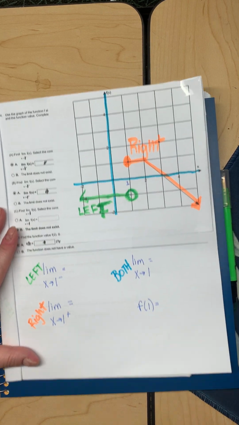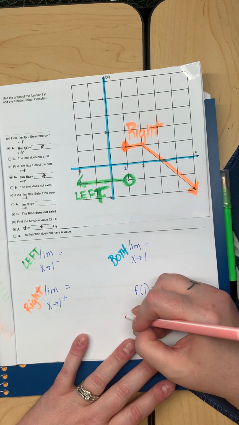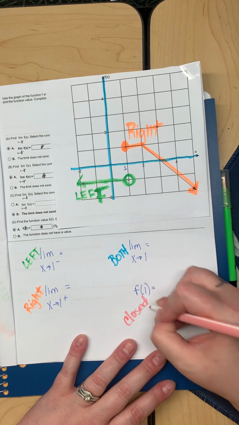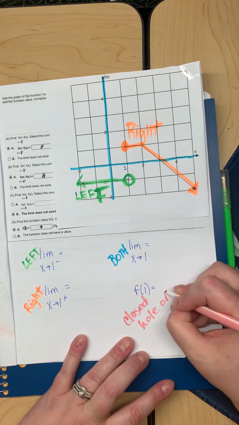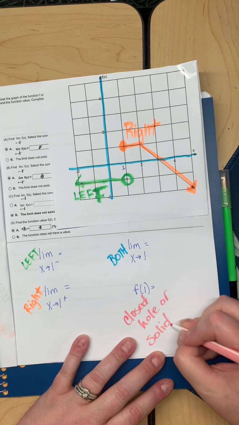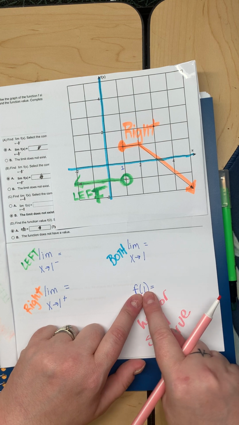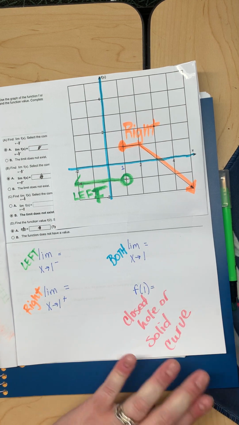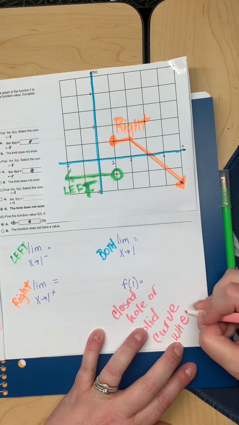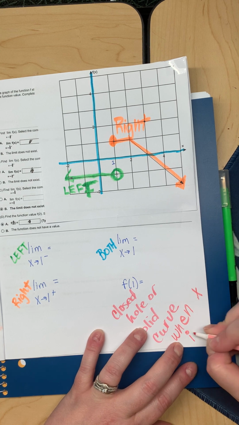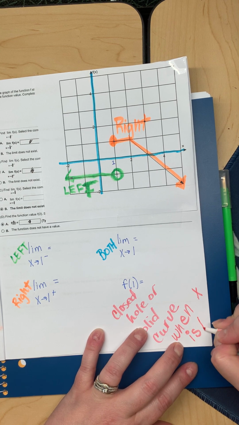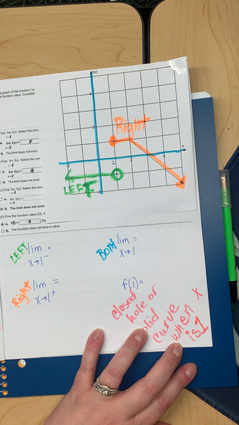And then when you have this f thing, that means you write down the y value for the closed hole or the solid curve. But it's still when x is 1 because there's a 1 in that parentheses. So for all of this, we're looking at when x is 1. I almost wrote that wrong.